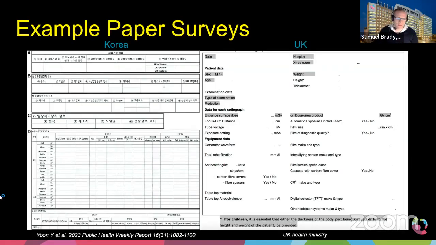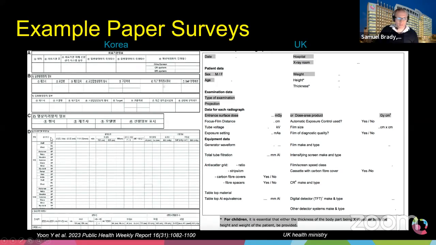Here are two examples I just found searching on the web, looking at various different publications. One comes from Korea out of a publication in 2023, where they established this Excel-based, paper-based spreadsheet where you can go in and fill out the various different levels of information. This is an example of a fairly complex survey.